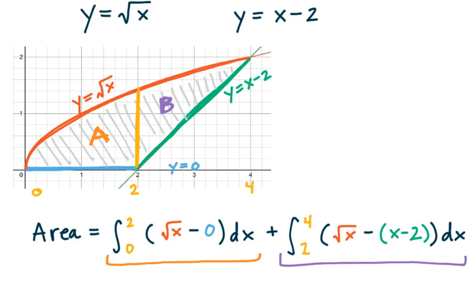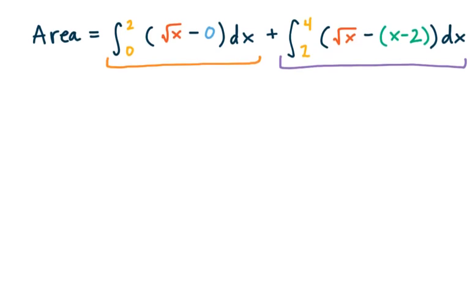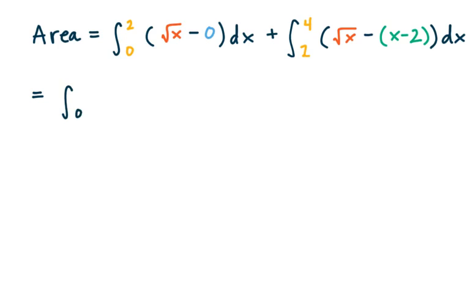So now that we've set it up and we understand how to organize it, we just need to solve our integrals. So we're going to solve area A and then area B. So that first integral could be simplified, 0 to 2. Square root of x minus 0 is still square root of x, and I'm going to write square root of x as x to the 1/2 power.